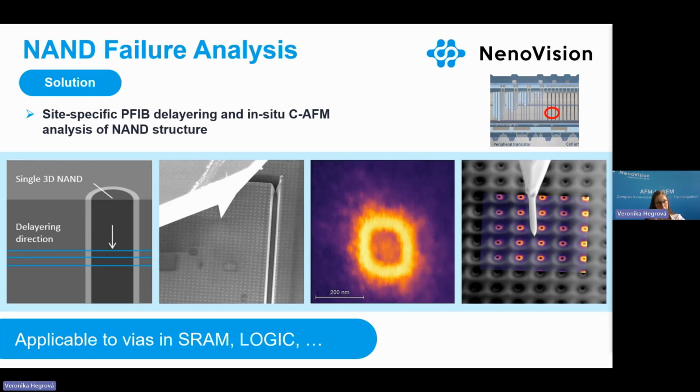One is a non-structure failure analysis where we used site-specific plasma FIB delayering and then analyzed conductivity in different levels, layer by layer, which is applicable in SRAM, logic, intercontacts.